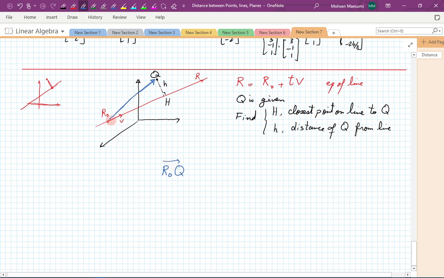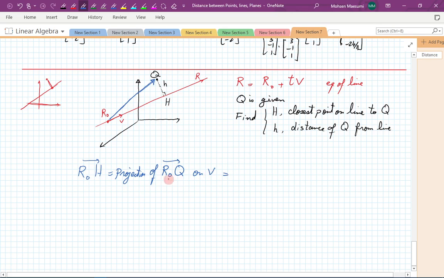Well, if I take r0Q and find the projection of it on v, I'll get r0 to H. So vector R0H is the projection of R0Q on V, which by now I'm sure you can write even in your sleep.